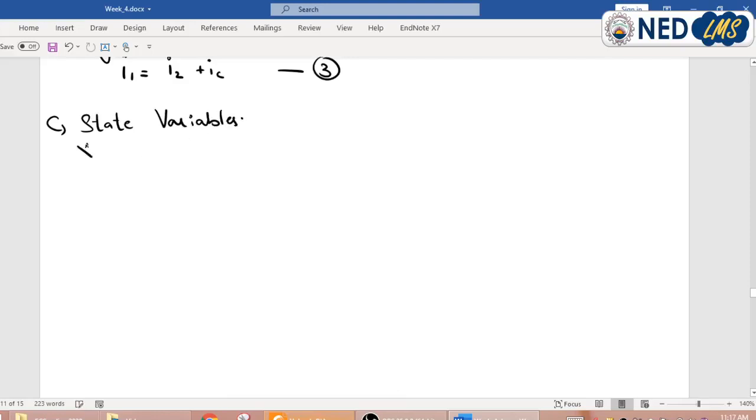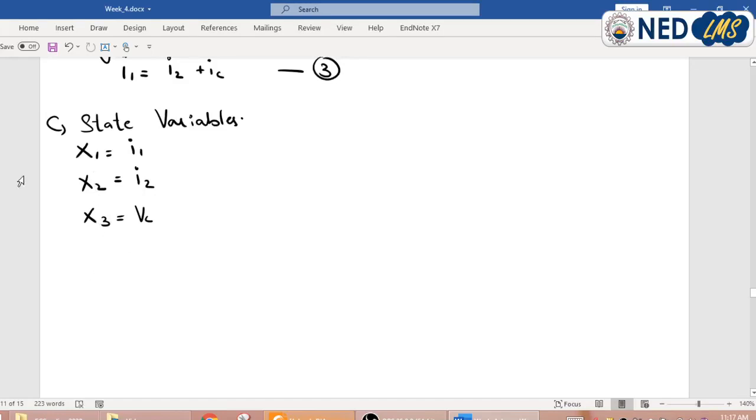First state variable is x1, second is x2, third is x3.